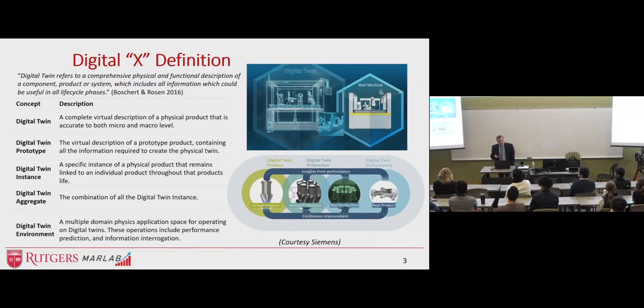When you look at the definition, there is digital twin and digital twin prototype, which means that you have the physical product and a prototype product. And in this case, you could create the physical twin and digital twin of that. And digital twin instance, rather, is a step moving forward to a concept, digital thread, which means that in time, the physical system changes.